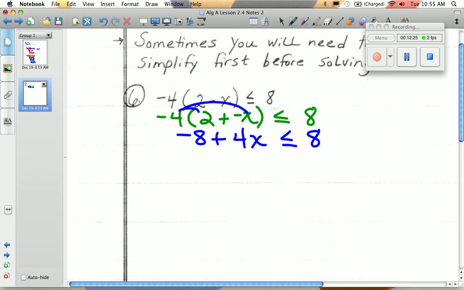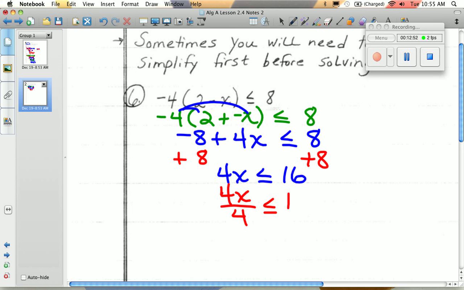Okay, so what do you think is going to be our first move in solving this? Add 8. If you have a negative number being added, add its opposite. So now our inequality reads 4x is less than or equal to 16. And our next move would be to divide by 4, because x is being multiplied by 4.